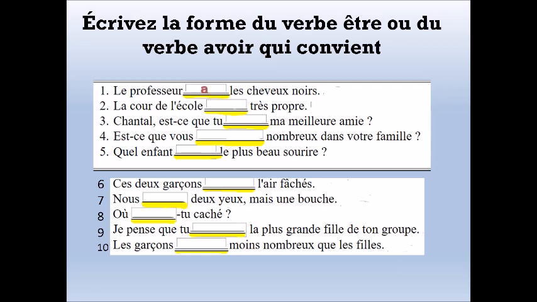Alors, remplissez, écrivez la forme du verbe être ou avoir qui convient. Le professeur a les cheveux noirs. Numéro 2. La cour d'école est très propre. Numéro 3. Chantal, est-ce que tu es ma meilleure amie?